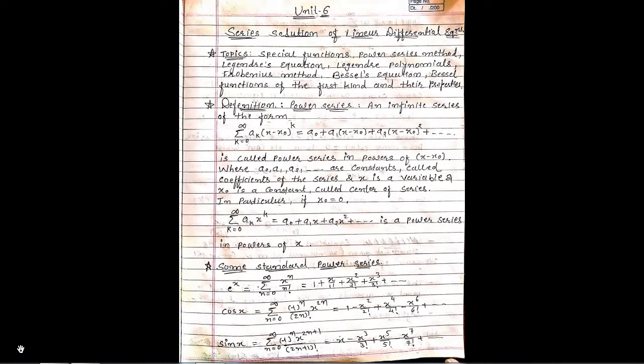That method can be used only for a special type of variable coefficient differential equations, but we may have different types of differential equations with variable coefficients. So the solution of this type of differential equation may not be possible using that method. In this unit, we discuss the series solution of ordinary differential equations with variable coefficients.